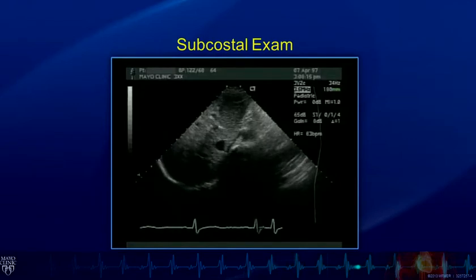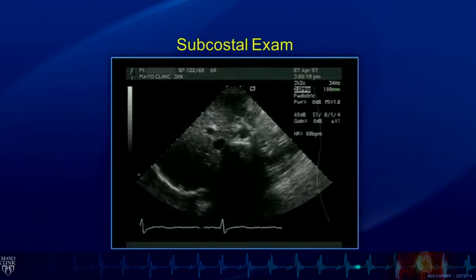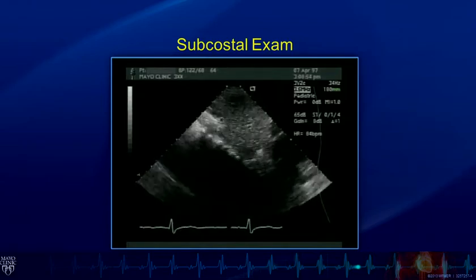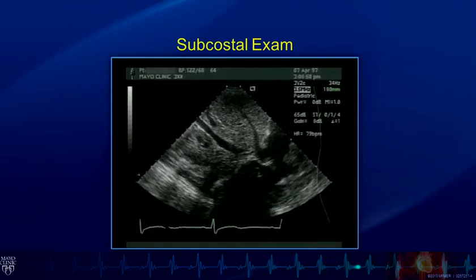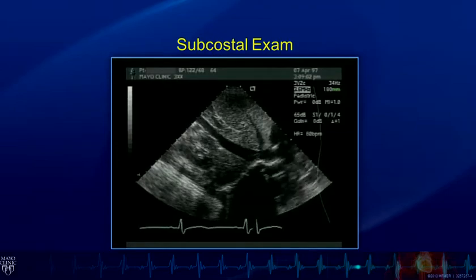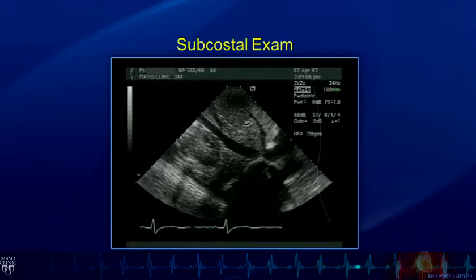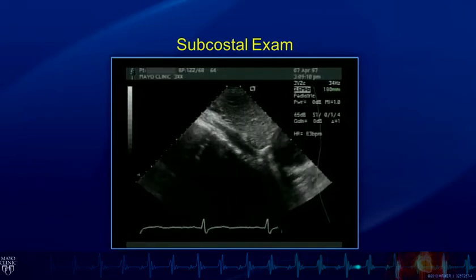So again, liver on the left side of your screen. We can see pulsations of the aorta, which lie in the midline. As we turn to a longitudinal plane, the inferior vena cava is demonstrated now in this longitudinal plane. We can see hepatic veins entering the inferior vena cava and start to see the right heart chamber, the right atrium, come into view.